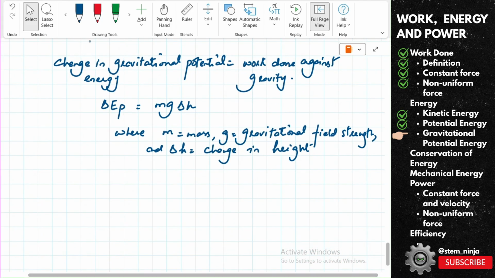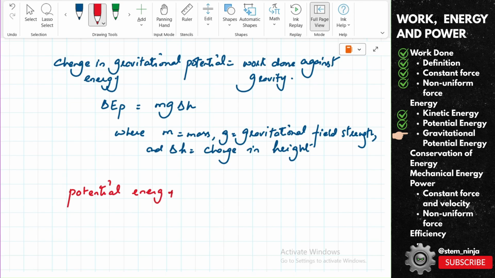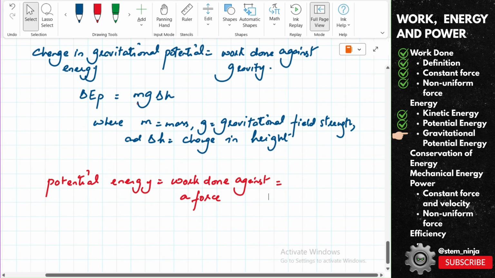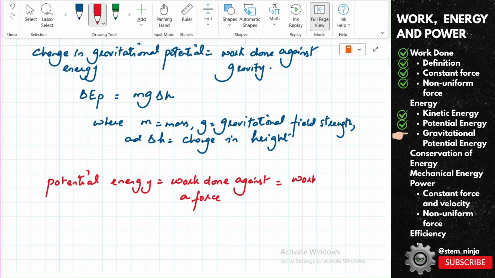Okay, now what we said above is that any kind of potential energy is due to the work done against a force, and this will also be equal to the work done when that system is free to move.